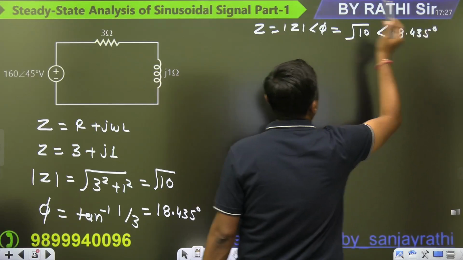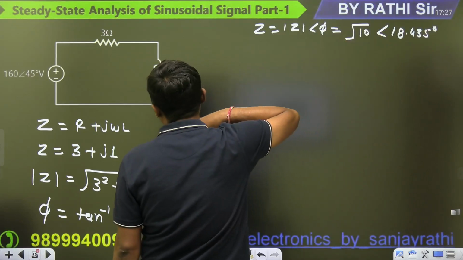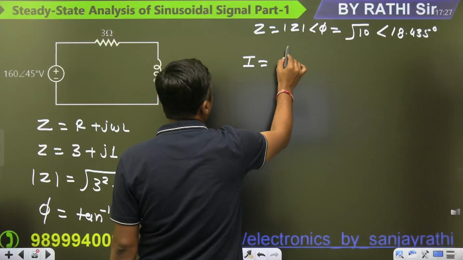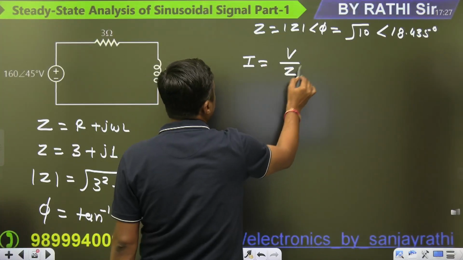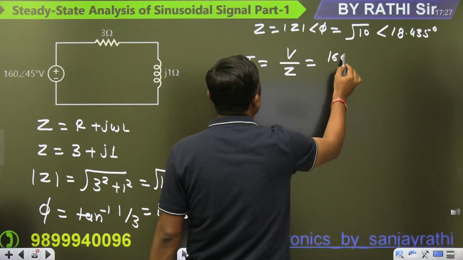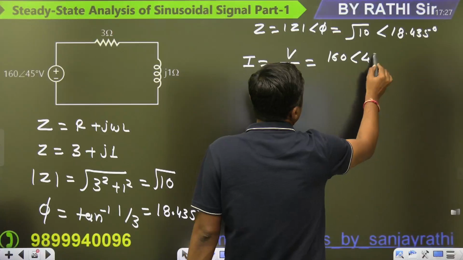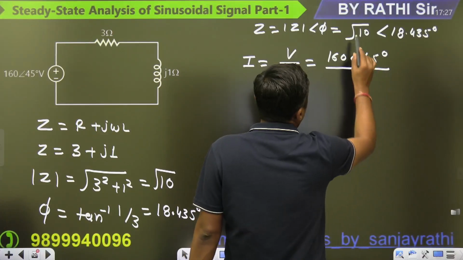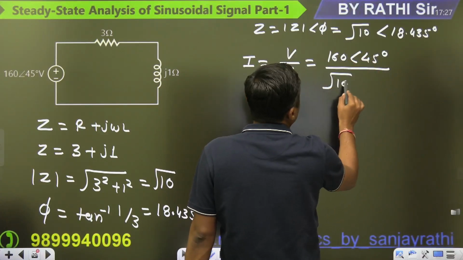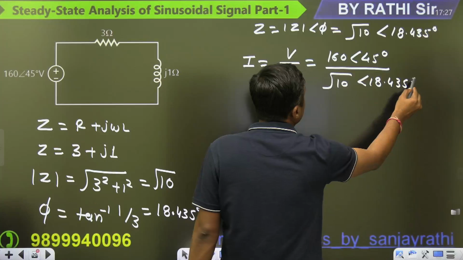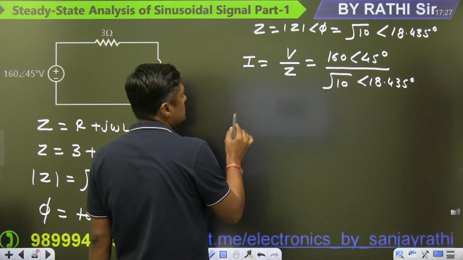What is the angle? Positive. Now what is the current here? Current is given by voltage upon Z, that is 160, this is again the peak value, angle 45, upon root 10, angle 18.435. Right? This is the case.